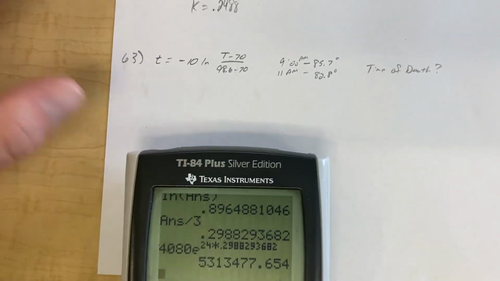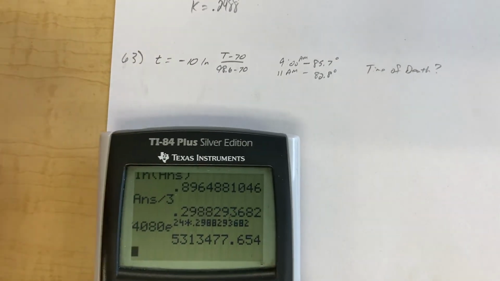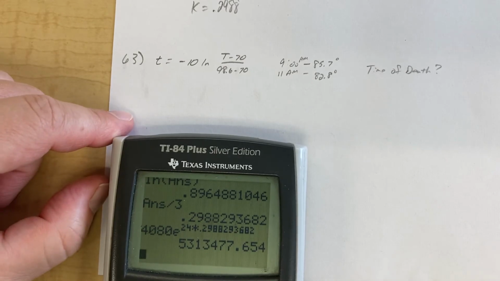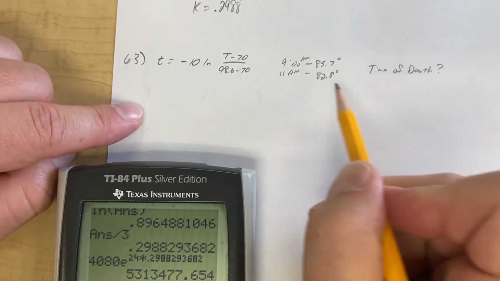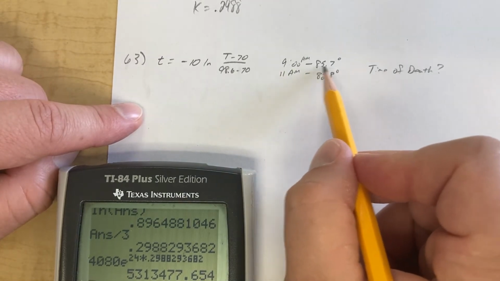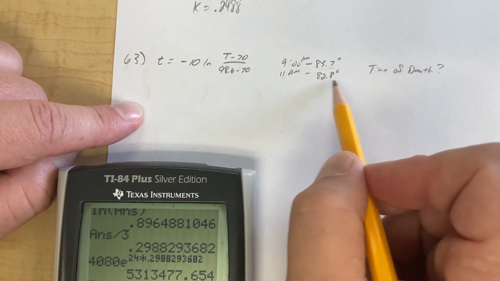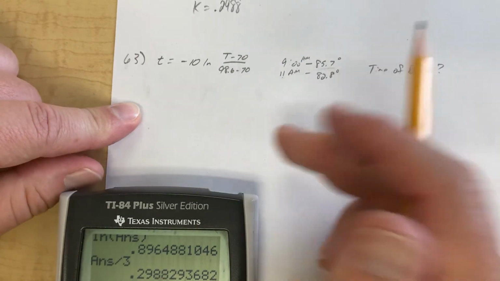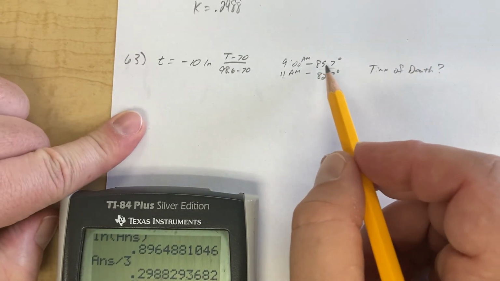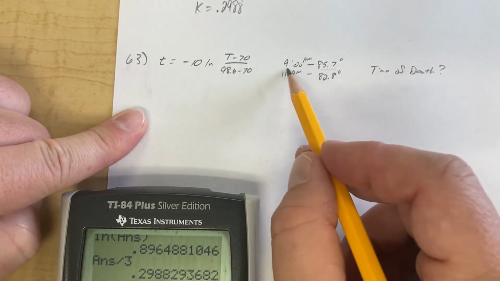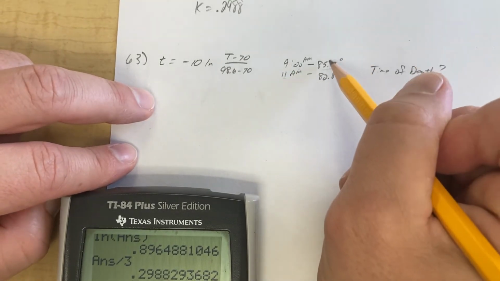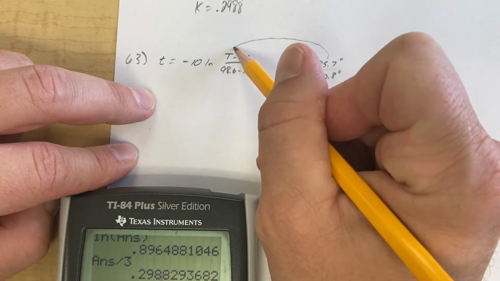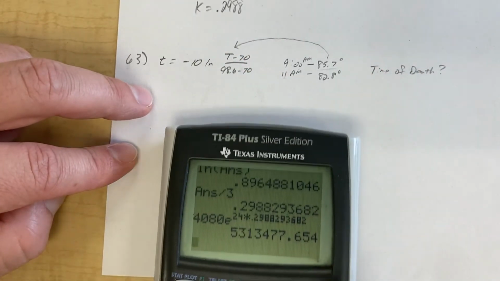Then 63 uses something called Newton's law of cooling to try to find out what time someone passed away. They took a temperature of the body at 9 a.m. and they took a temperature at 11 a.m. They want to know what's the time of death. So for us, what we're going to do is try the 9 o'clock time, see what time they give us, and see if the 11 kind of confirms it or not. So the way to do this is just to put this temperature in here and see what time you get.